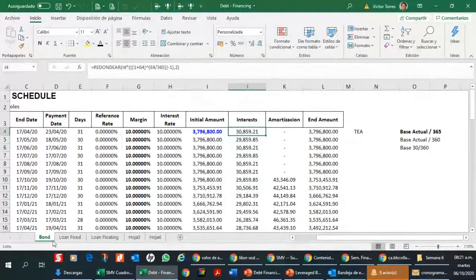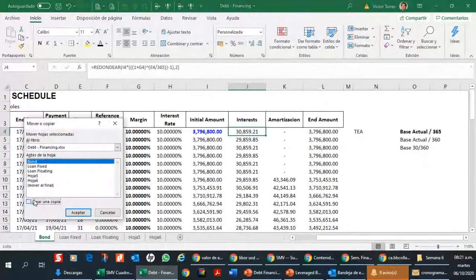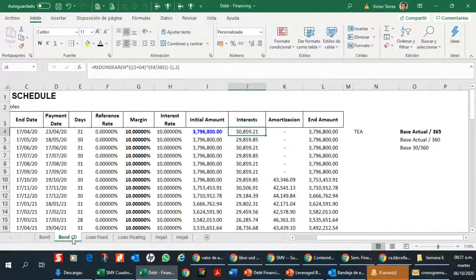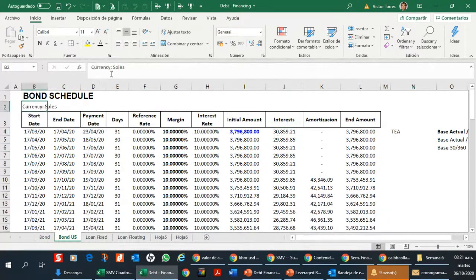Let me explain quickly what happens with a bond in the US, right? Or if you get financing from abroad. Let me switch the currency to dollars just to make it consistent that this happens with things outside, right?